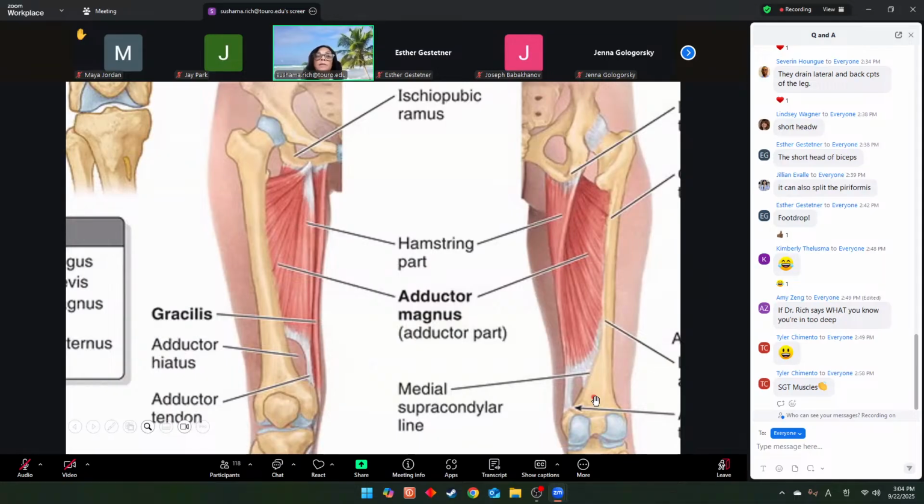Okay, Maya. So when you're talking about the obturator nerve in relation to pectineus and adductor magnus, does loss of the obturator nerve just weaken those muscles since they have dual innervation? Depends. If it was being innervated by the obturator nerve, then it'll weaken. It'll definitely affect the pectineus.